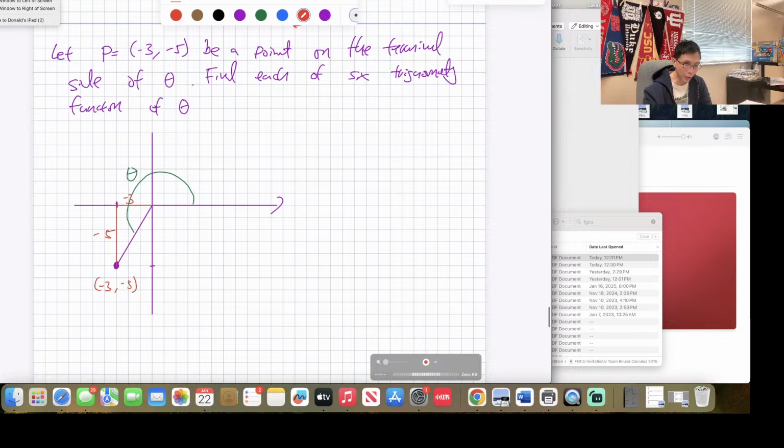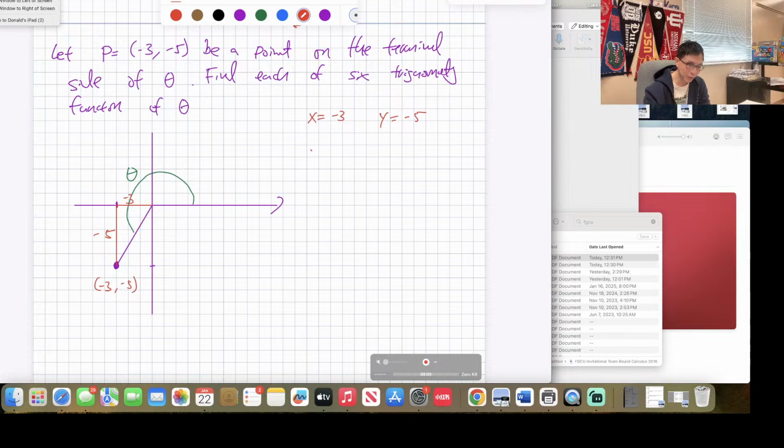Well, we do know what is x. What is x in this triangle? -3, good. What will be y? -5. What will be the hypotenuse? Square root 34.